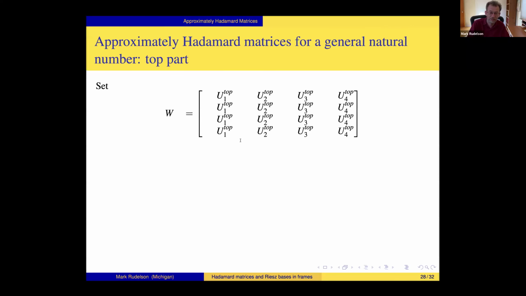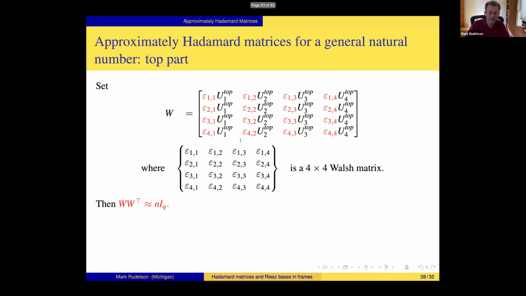Let's take a 4x4 Walsh matrix and multiply these blocks by the entries of the Walsh matrix entry-wise. And then it turns out that this new product will be more or less a scaled isometry. And this approximately equal is very precise.